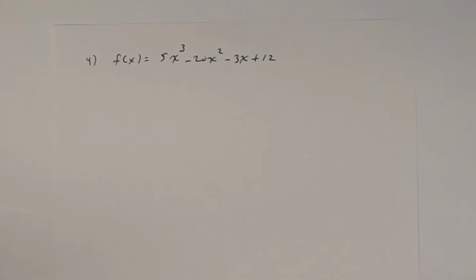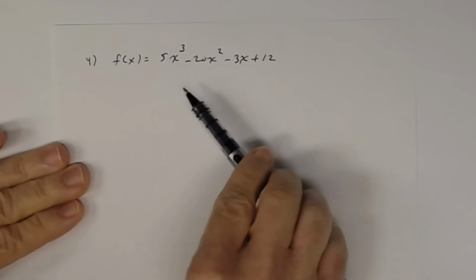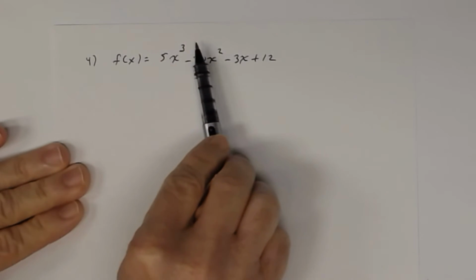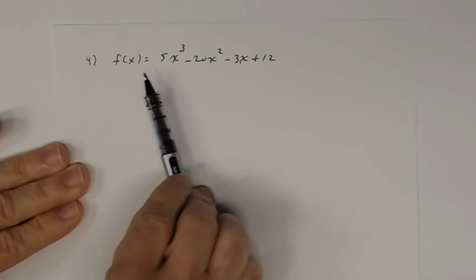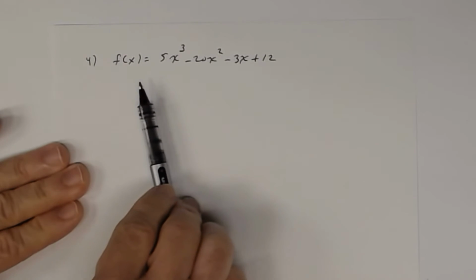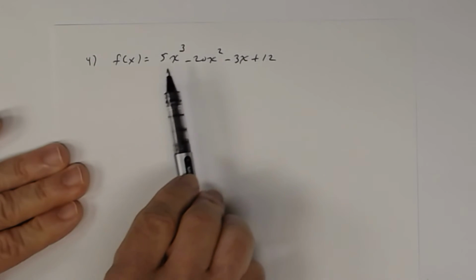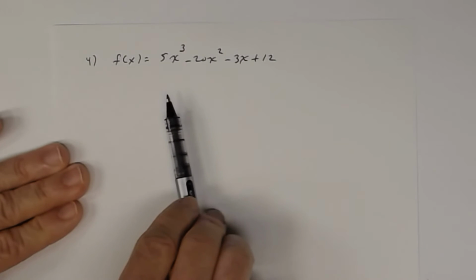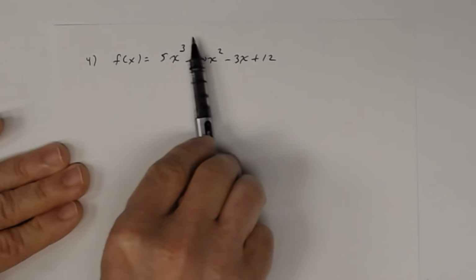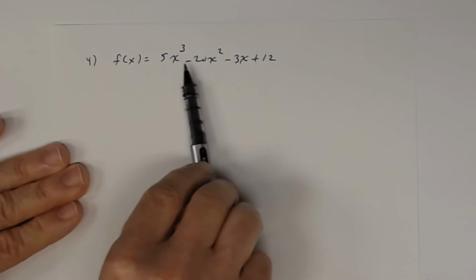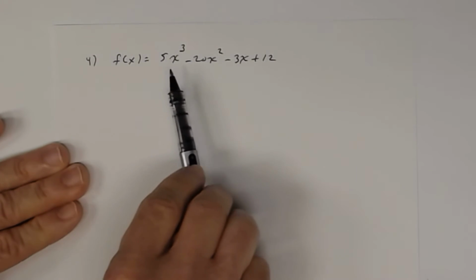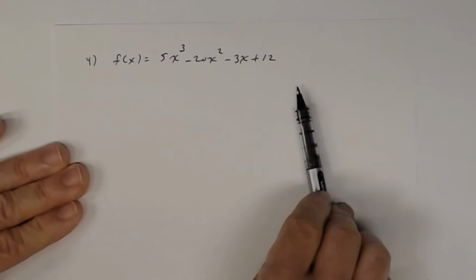So you notice that as we did these problems in this lesson and the previous lesson, we were dealing with cubics. So notice in every situation when we set each of those equal to 0, we had 3 zeros. It turns out that whatever the degree is, in this case it's 3, you're going to have 3 zeros.